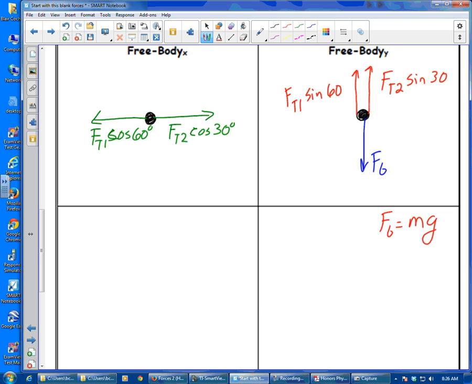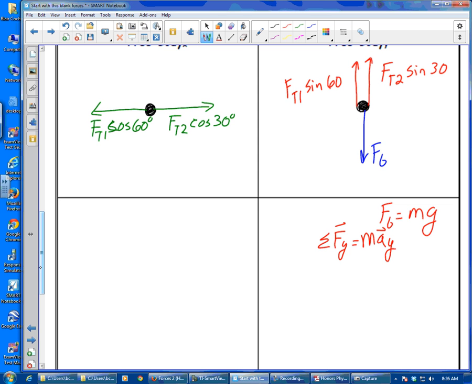So let me start on this side, on the vertical. Sum of the forces in the y equals m a y. Hopefully you've noticed every time that's where we start, right? And we have Ft1 sine of 60 plus Ft2 sine of 30 minus F sub g equals m times 0.